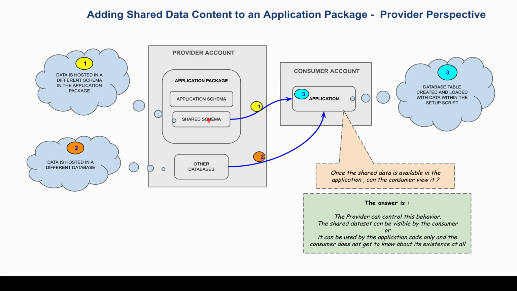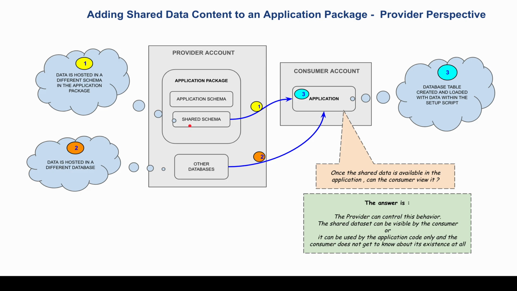What you do is you create a view in the shared schema pointing to the other database, and then you share this particular view which you have just created on your shared schema with your consumer account. So it's actually a two-step process. First, you create a view on your shared schema pointing to other database, and then you share this particular view which you just created on your shared schema with your application.